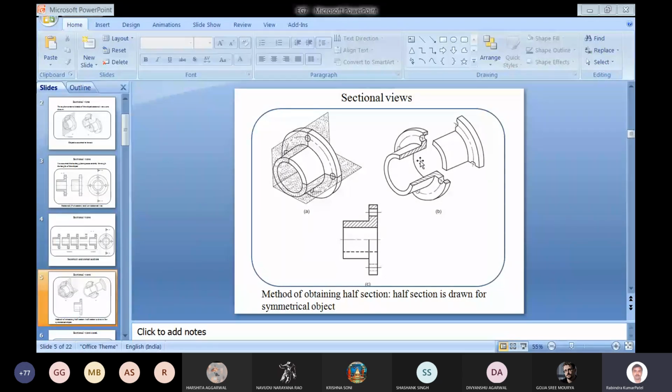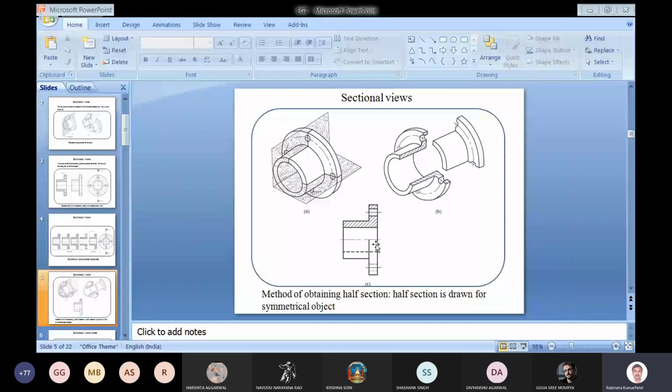So here we can draw the half sectional front view, which you can see here. In this case, we can draw the dashed lines where the section is not done. Where the section is not done, we will draw it like other orthographic views, and where the section is there, we will not show any dashed lines.